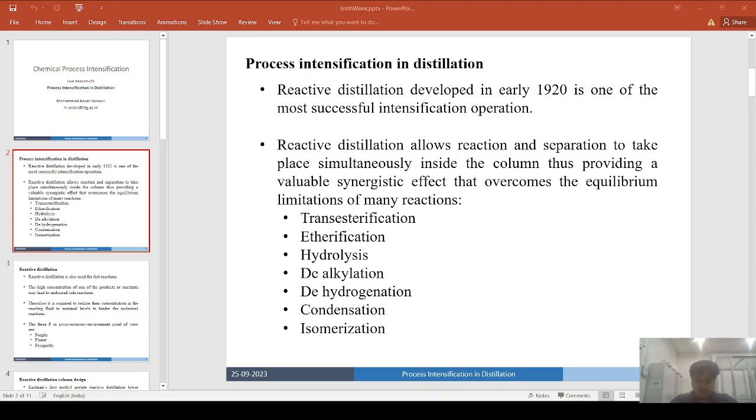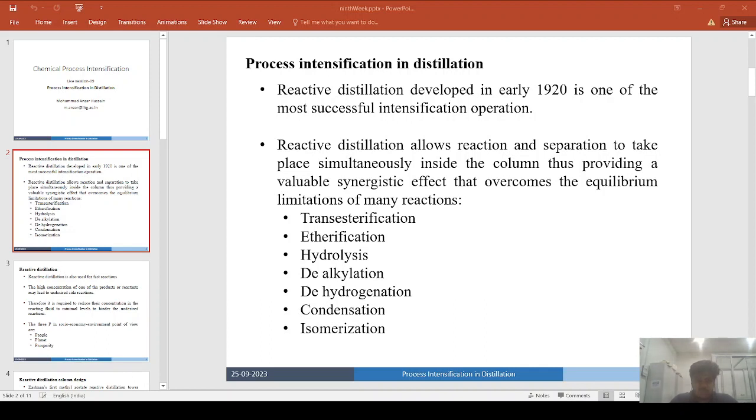It has been developed since the early 1920s. So it has a very long history, and people are still looking towards it, and it is a very successful story that made a strong positive impact in the chemical process industry.